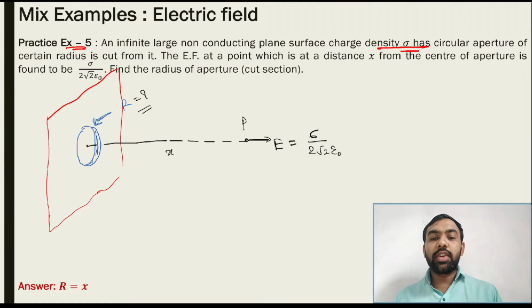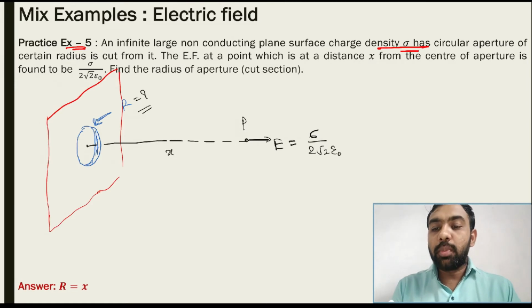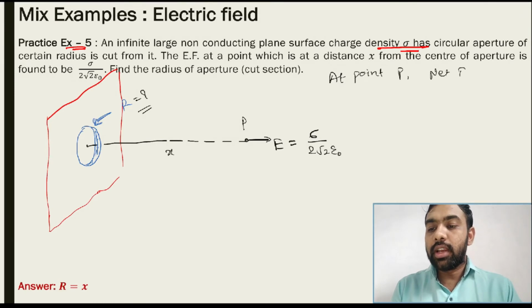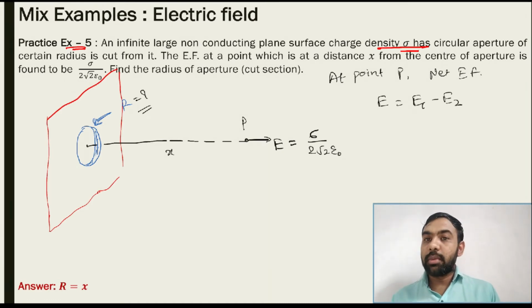Actually the situation is very simple. At point P, the net electric field E is equal to E1 minus E2, as we studied in previous sessions. If you have this type of situation, then you just take a subtraction.